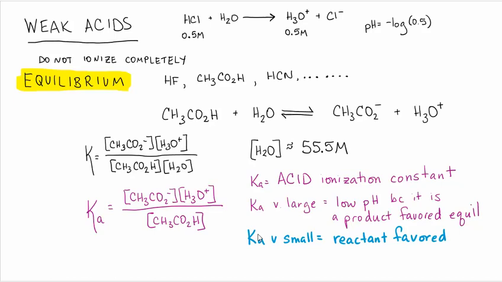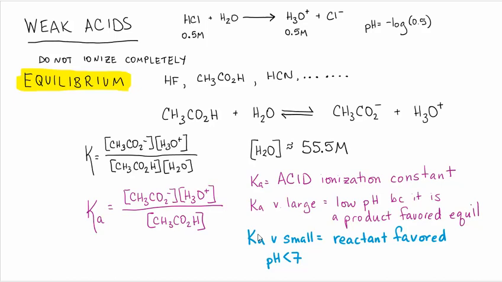We're still an acid, we're still going to have a pH less than 7, but it's going to be a larger pH, less acidic than an acid with a large ionization constant. So large ionization constant, very acidic, low pH. Small ionization constant, higher pH, due to it being reactant favored.